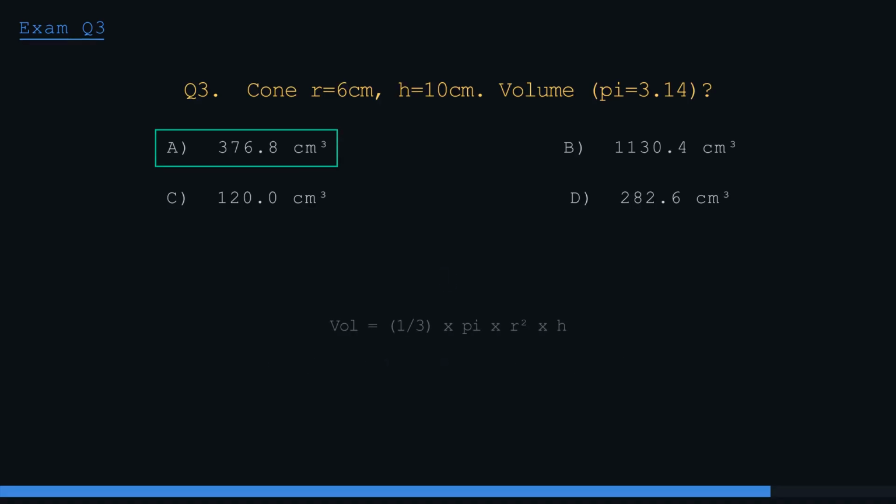The answer is A, 376.8 cubic centimeters. 1/3 times pi times r squared times h. 1/3 times 3.14 times 36 times 10 equals 376.8.